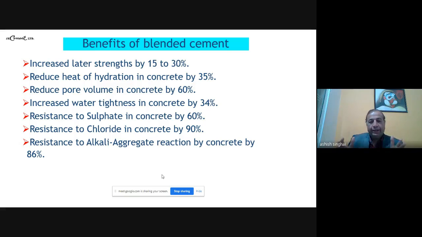So let us have blended cement in place so that you have a cement that can fight sulfates, chlorides, and other alkali aggregate kinds of reactions, which generally happen within the concrete, with almost 60 to 90% better resistance and better fighting spirit. So that says it all.